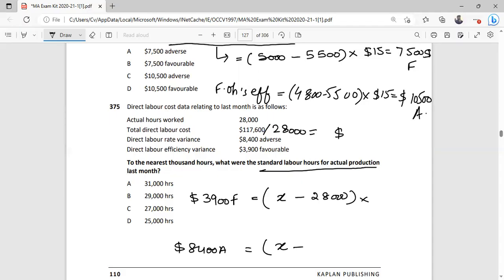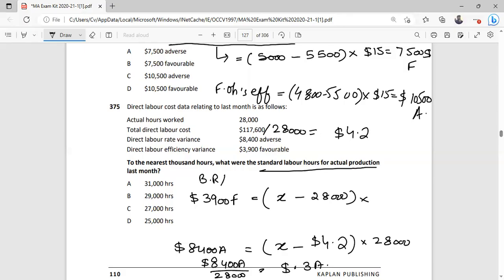It is 4.2 into actual hours paid. We can divide this 8,400 adverse with 28,000. So we have $0.3 adverse. It means our actual rate is $0.3 greater than the budgeted. So our budgeted rate per hour was 4.2 minus 0.3.